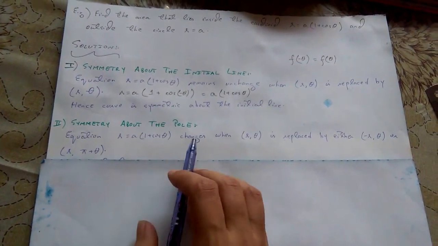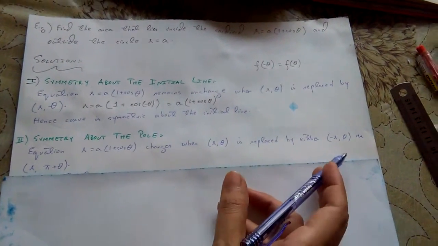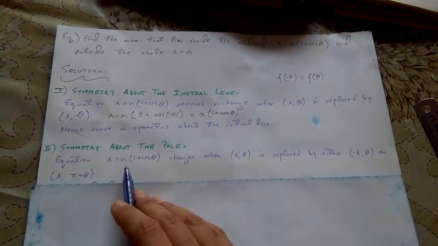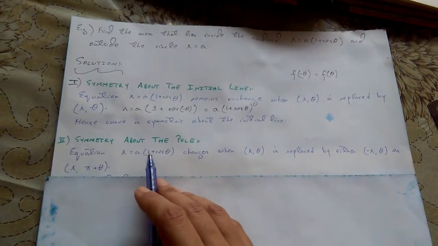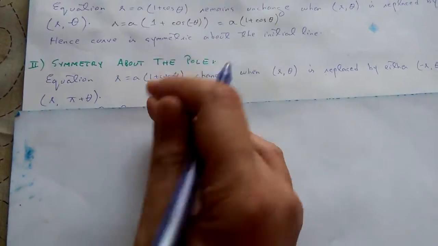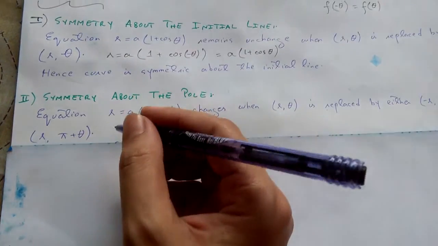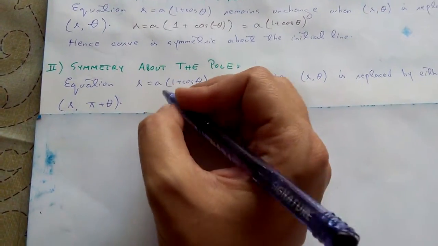And if it remains unchanged, even if we replace (r, theta) by either of these, then we say that it is symmetrical about the pole. So let us check and see if it is maintaining its form or not.